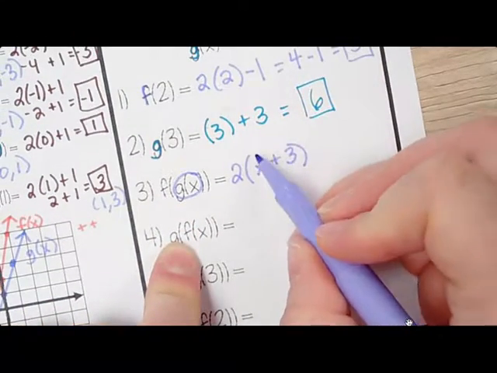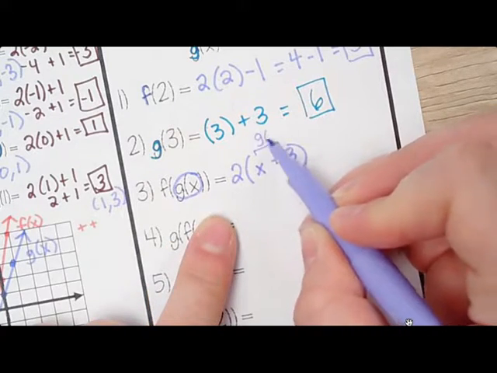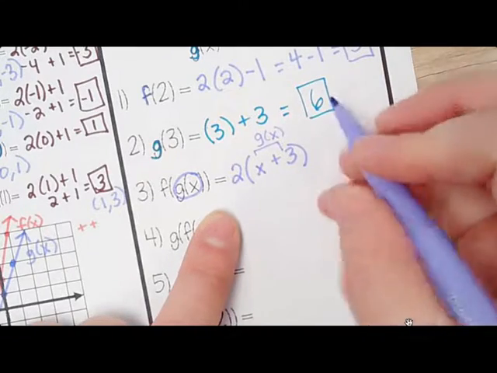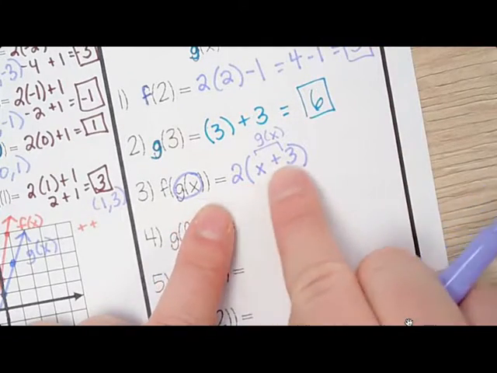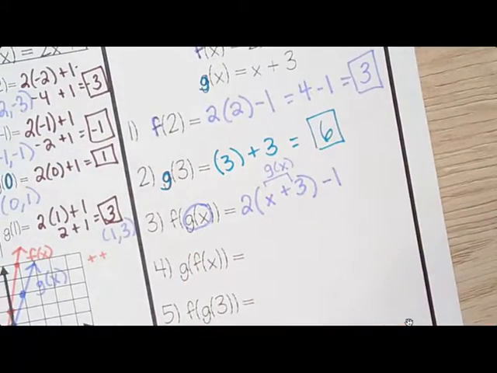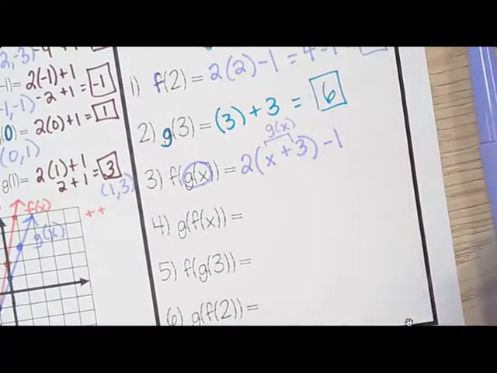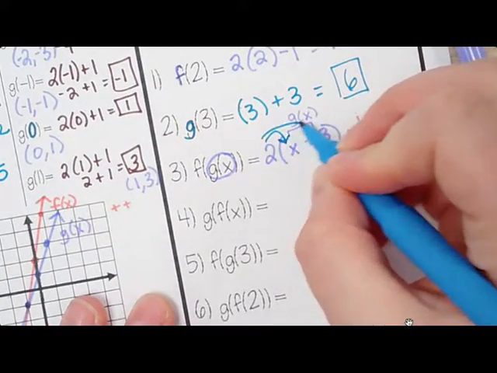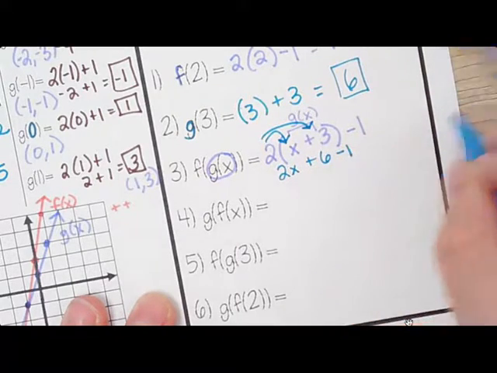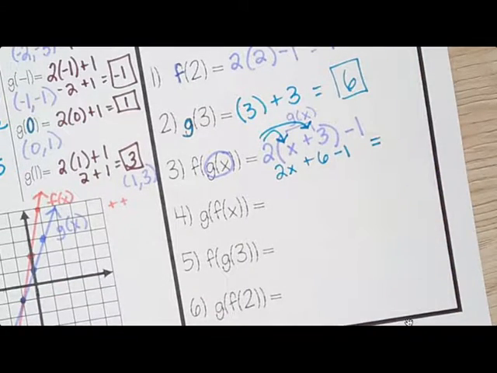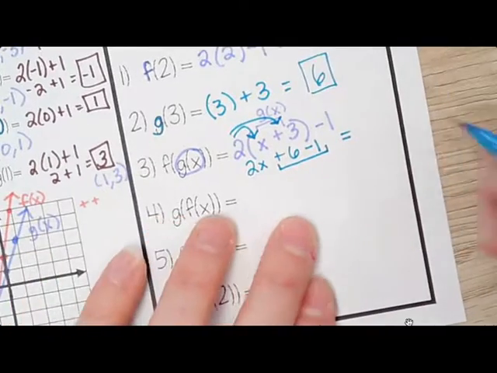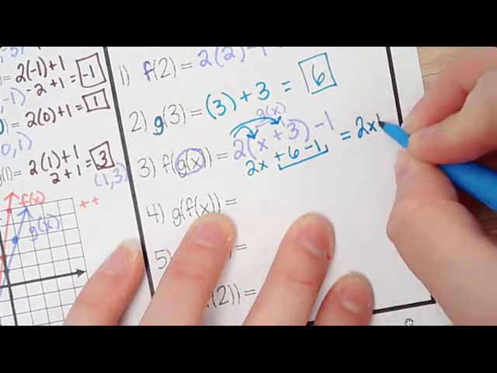I'm replacing the x with what g of x is. f is 2 times x minus 1, so we can simplify it. I'm going to distribute: 2x plus 6 minus 1. The only thing you can simplify is 6 minus 1, so it's 2x plus 5.